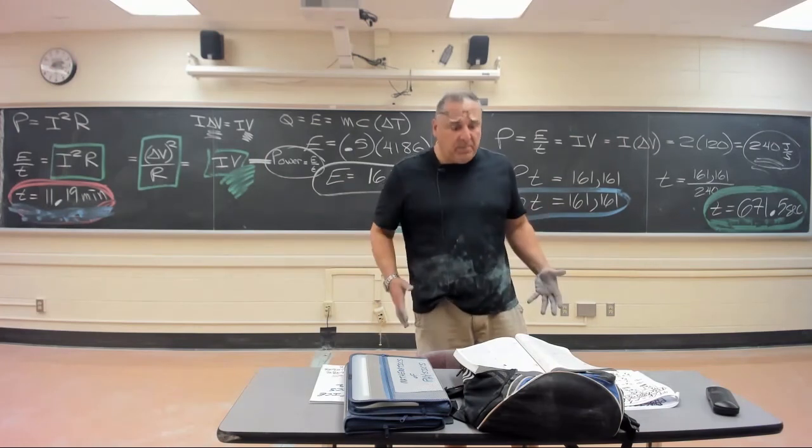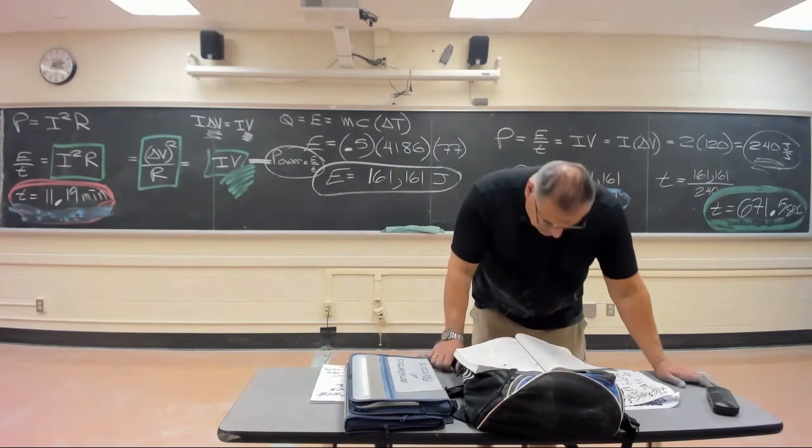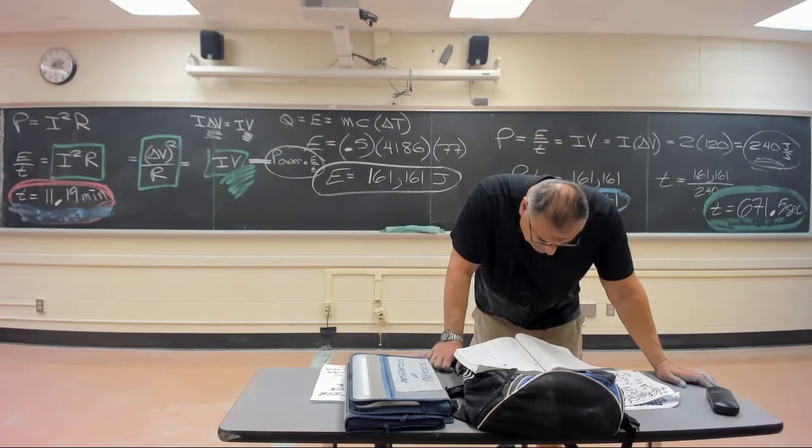They both are the same material. And yet they're telling us that if the power supplied to wire A is 3 times the power supplied to wire B, what is the ratio of their diameters?